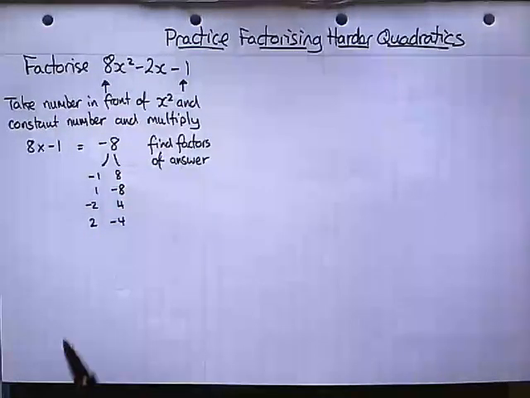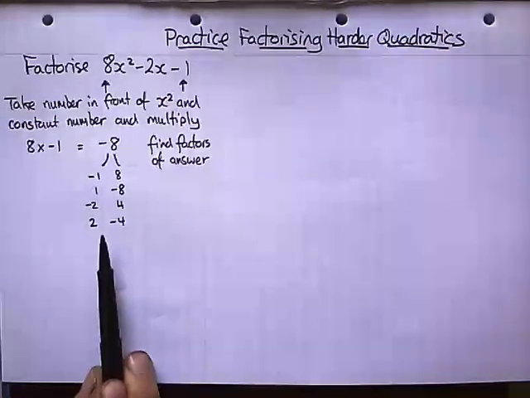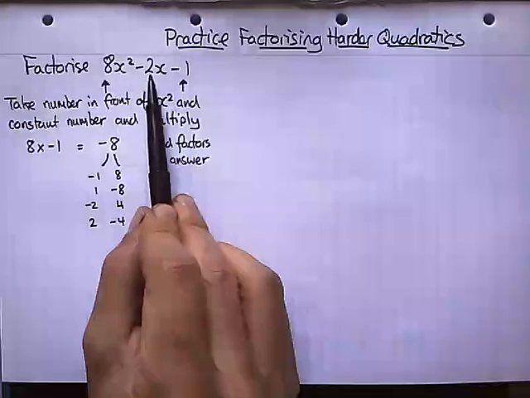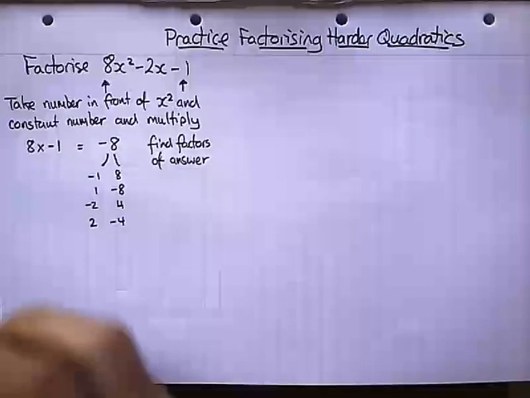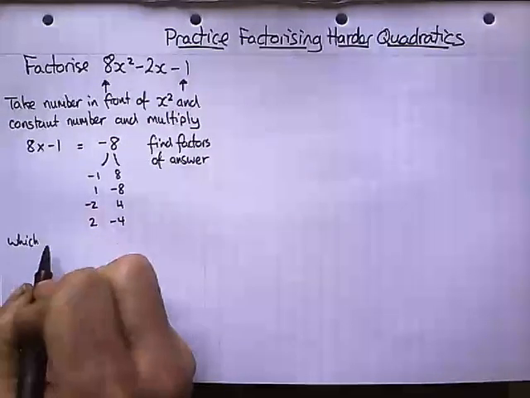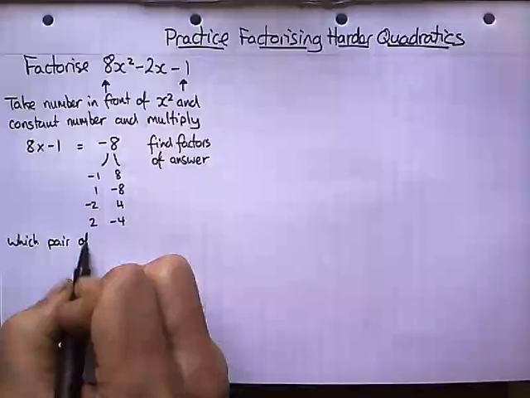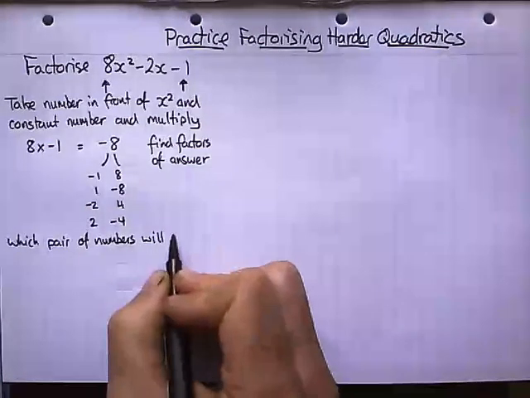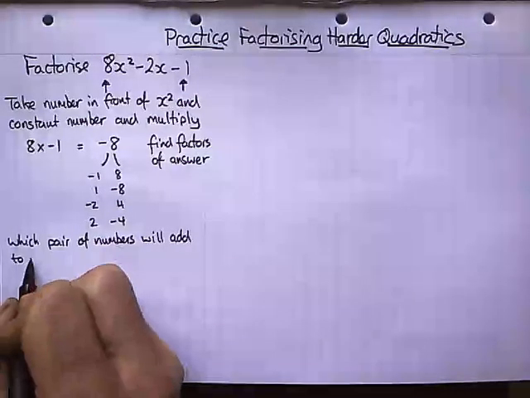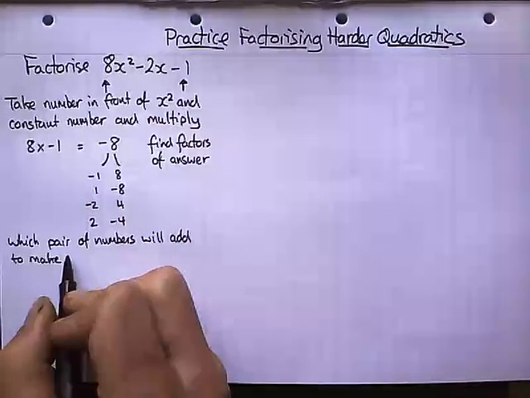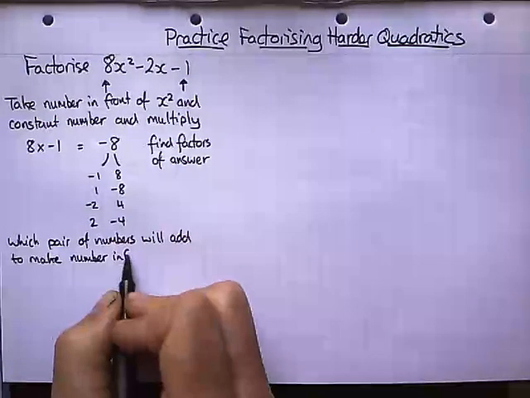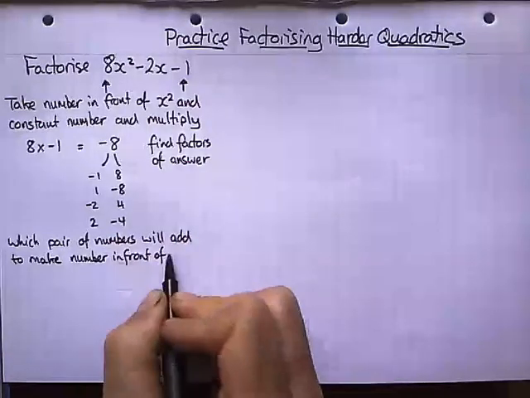Right, what we're trying to do now is to decide which pair of numbers will make the number in front of the x term if I add them together. So, which pair of numbers will add to make the number in front of the x term.